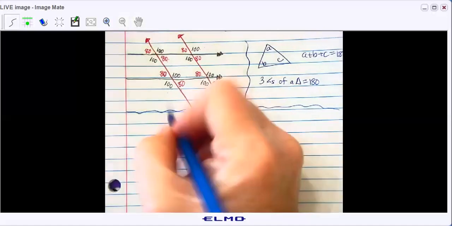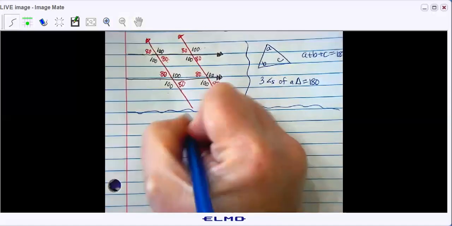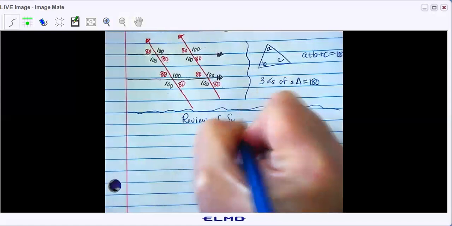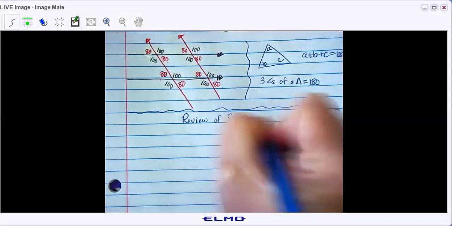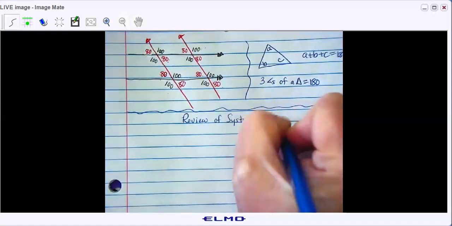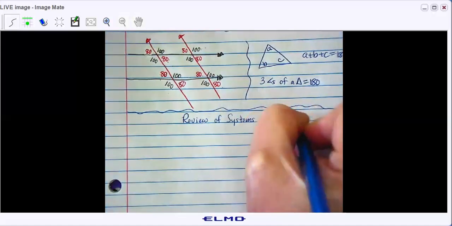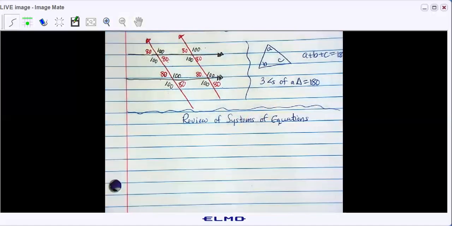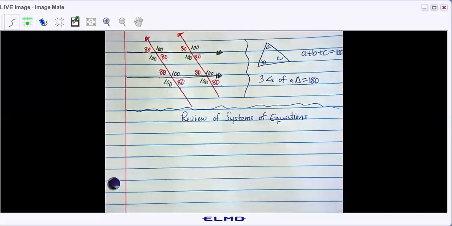This is a review of systems of equations. And the whole reason we do this is when we have two variables and two equations, two variables or unknowns.